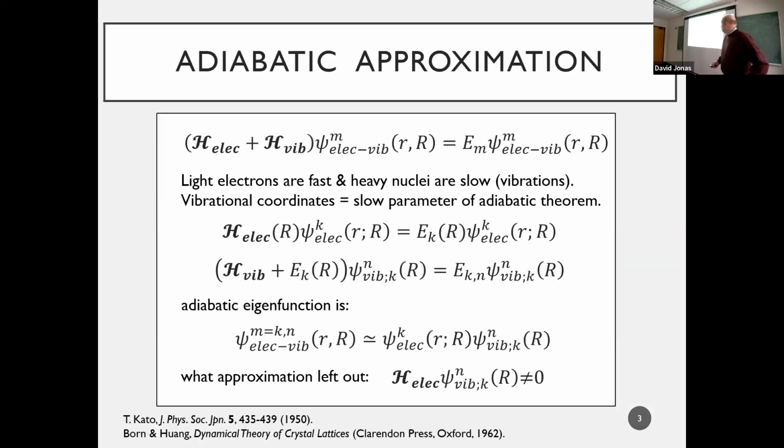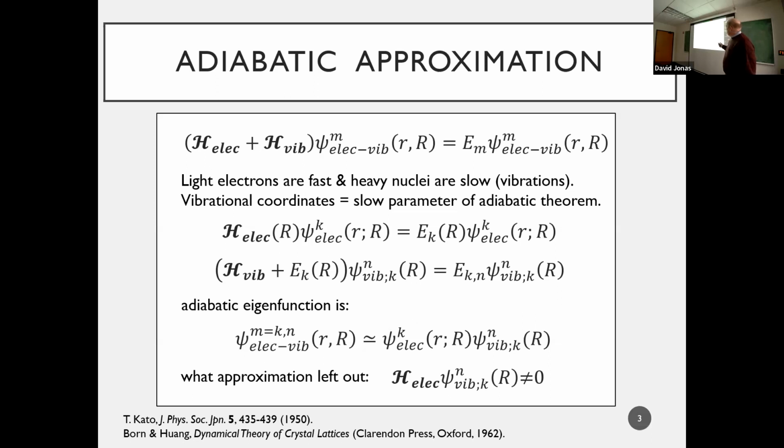As a reminder, for the adiabatic approximation in molecular quantum mechanics, we divide things up. The Hamiltonian can be split into an electronic part and a vibrational part, and the overall eigenstates are written here.